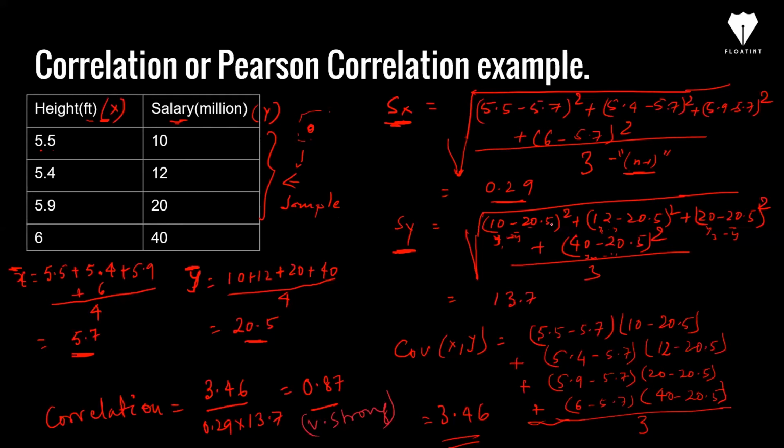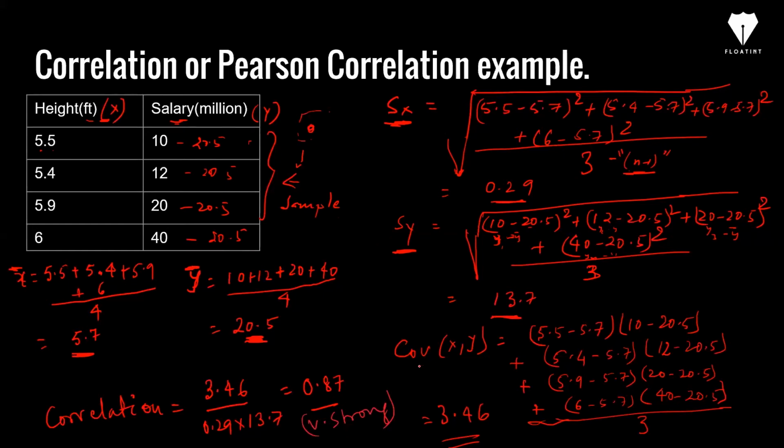It's just 10 minus 20.5, 10 minus the mean value. Similarly, 12 minus 20.5, 20 minus 20.5, and 40 minus 20.5. Whatever the difference is, you square it, divide it by n minus 1, and then take the square root. You get the value of 13.7.